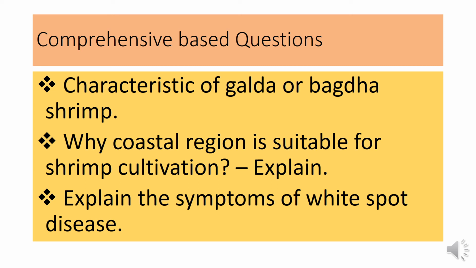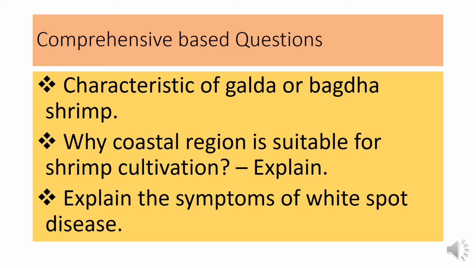And Golda shrimp is omnivorous and Bagda shrimp is carnivorous. Mainly these are the main characteristics or comparison of Golda shrimp and Bagda shrimp, and their scientific names are also important, and you can write them in the characteristics.